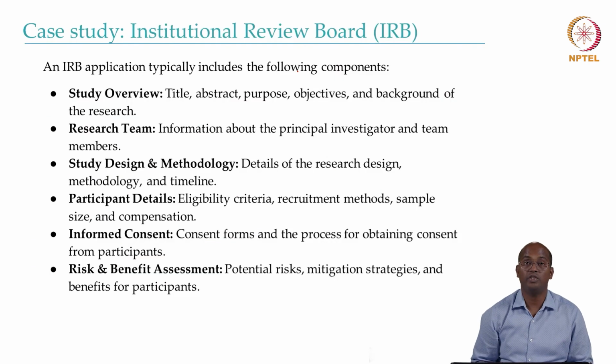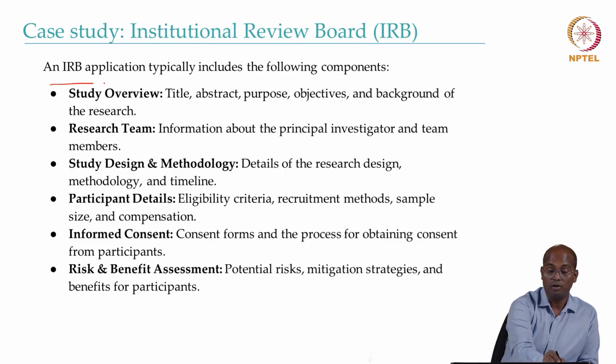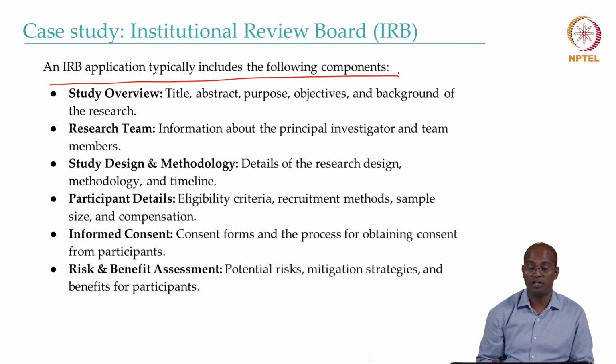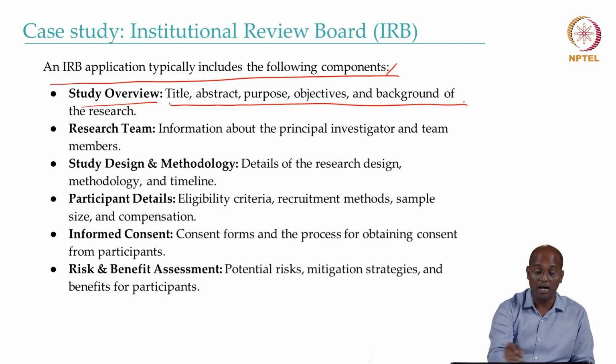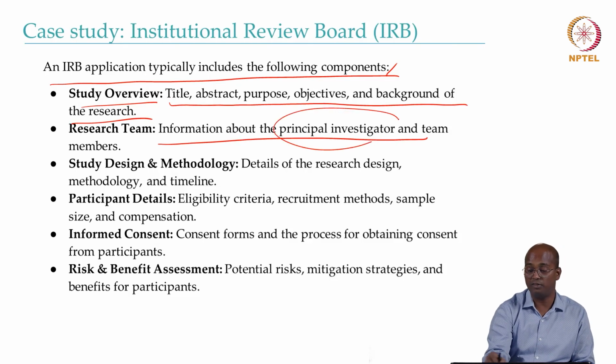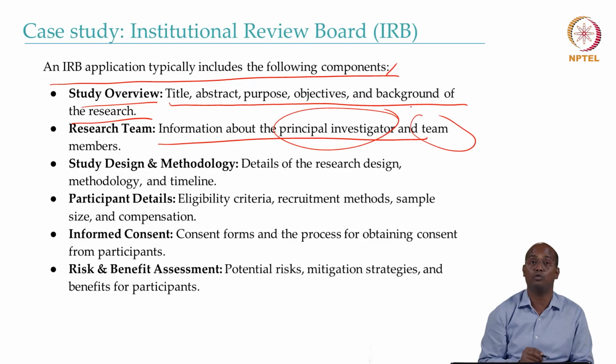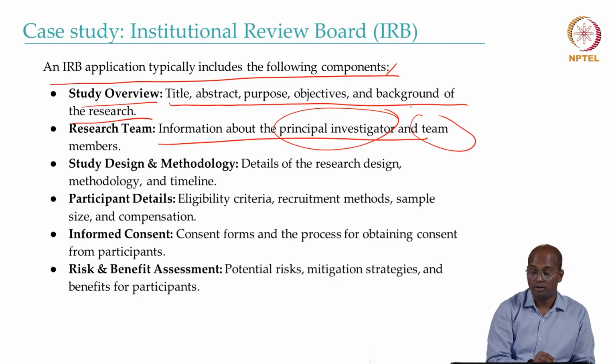Of course, as I mentioned earlier, it is very important to have ethical approval for the research you are doing. So you need to have an IRB application that typically includes the following documents. Study overview, which talks about the title, abstract, purpose, objective, and the background of the research. Research team, so information about the principal investigator and the team members who are going to perform the research.